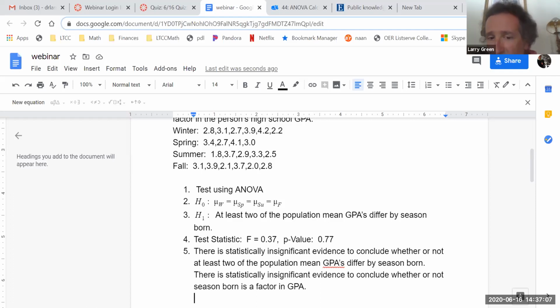Okay, so now what we need to say is, if this was a true study, would you trust it? What do you think? Would you trust it if this was a real study and this was an article and they gave you everything I've written down? Would you trust the article?